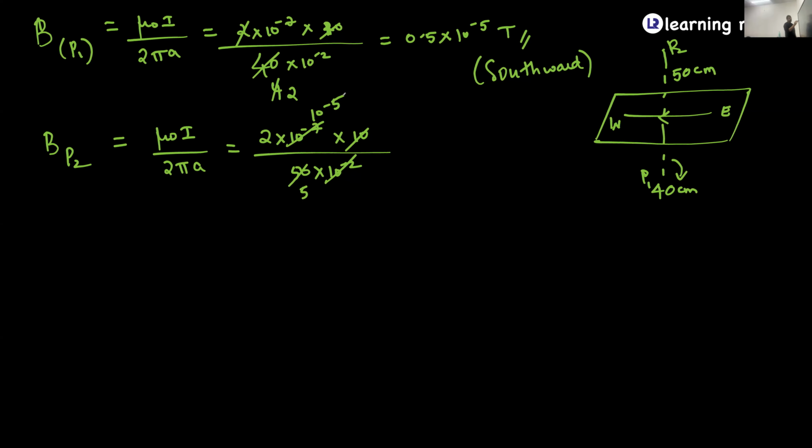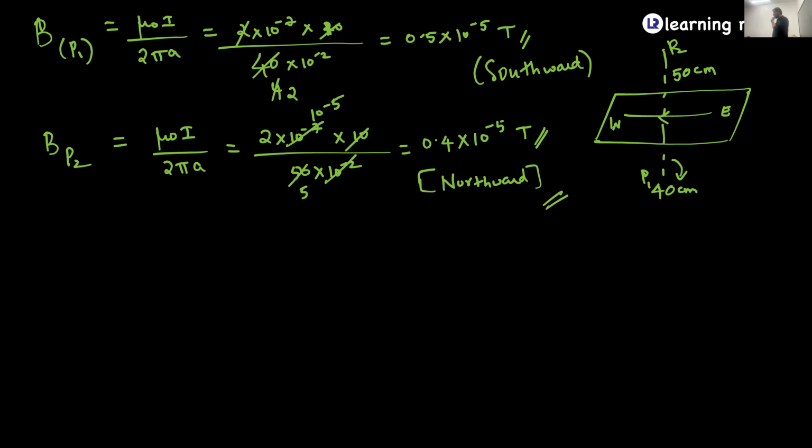So 2 by 5 is going to be 0.4. So 0.4 into 10 power minus 5 Tesla is going to be the answer, and the direction is going to be northward. Okay. So this is the whole problem.